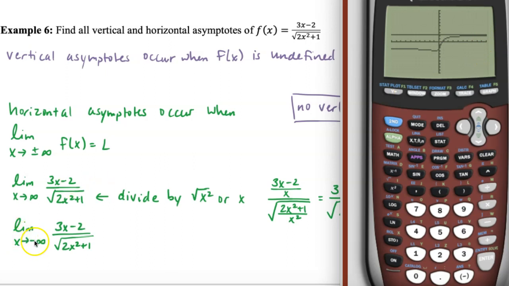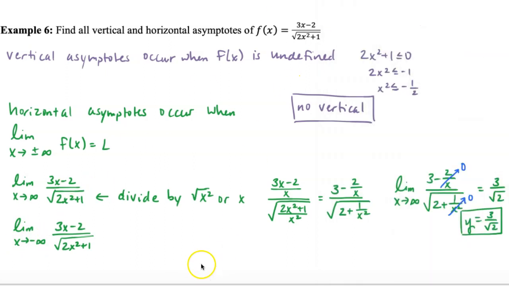So what does plugging in negative infinity do? Well, let's remember something important. The square root of x squared is not really equal to x. We oversimplified. Instead, the square root of x squared is equal to the absolute value of x.